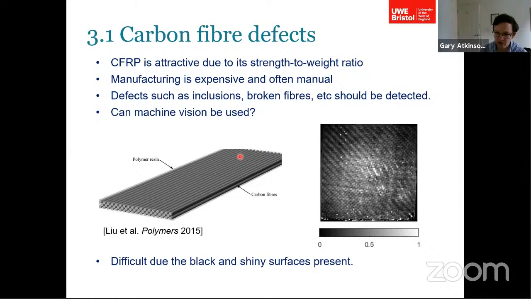Some carbon fiber types, especially if you're looking at dry fibers, can get a little bit tangled up, and you can get interreflections between the various fibers, and that will limit your measurement precision.